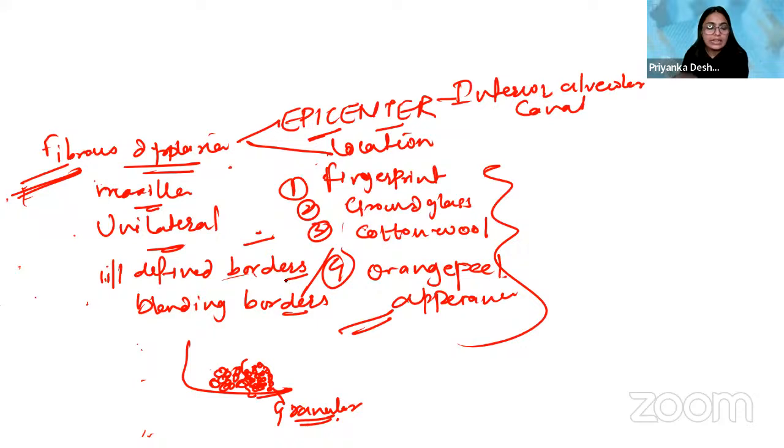And the epicenter of fibrous dysplasia is mostly below the inferior alveolar canal. This is the epicenter of it and the most important differentiating point.